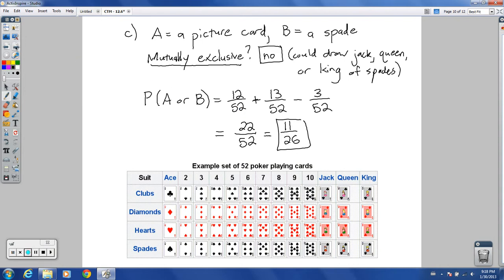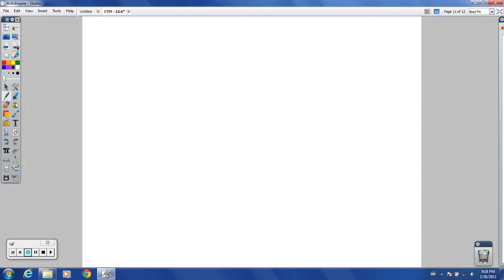And now on to a couple more definitions and one more formula. So we did the OR problems. Now we're going to do the AND probability problems. We're going to look at some of those.